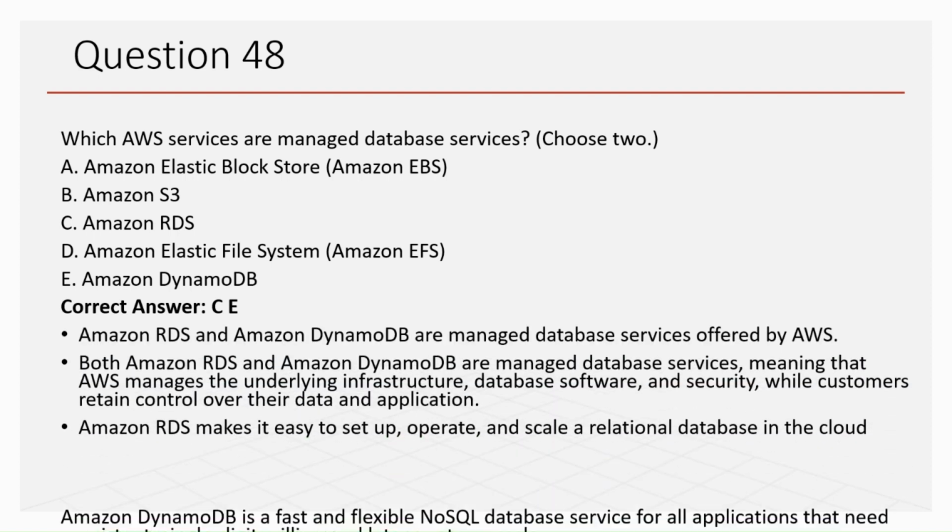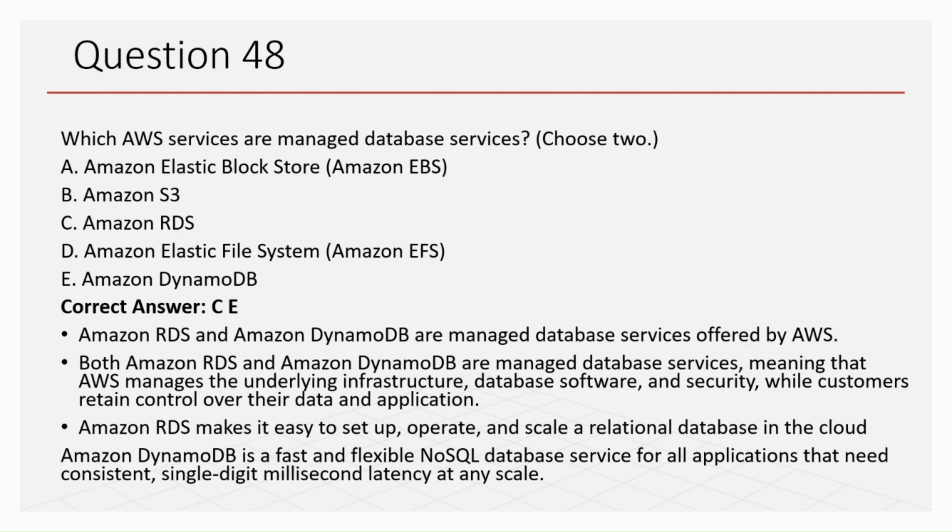So the only two options that are left are C and E, which are RDS and DynamoDB. Now let's look into these two options, like what are they? So Amazon RDS and Amazon DynamoDB are managed database services offered by AWS, meaning that AWS manages the underlying infrastructure, database software, and security, while customers retain control over their data and application. They don't have to worry about the underlying infrastructure when they're using RDS and DynamoDB.